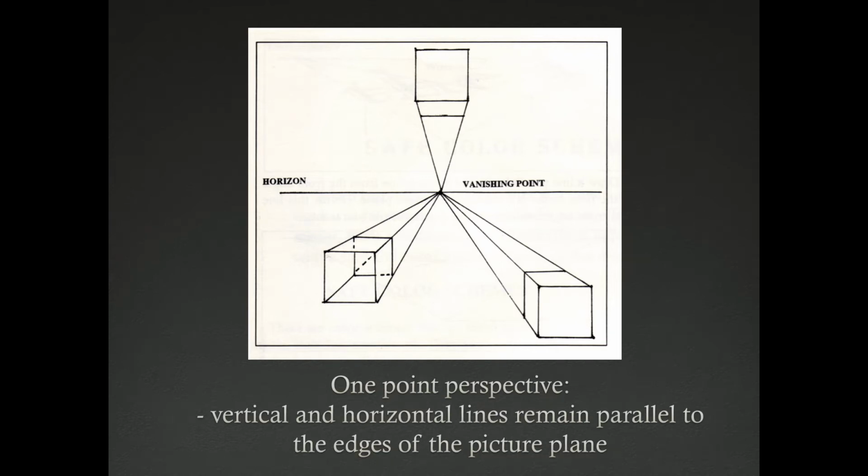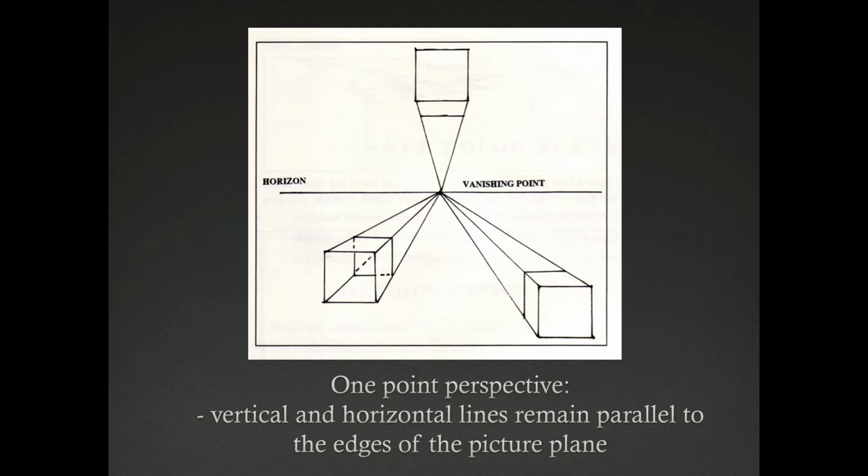Okay, some of the rules of one-point perspective drawing, which is the simplest form of perspective, are that the vertical and horizontal lines are parallel to the edges of the picture plane, right?